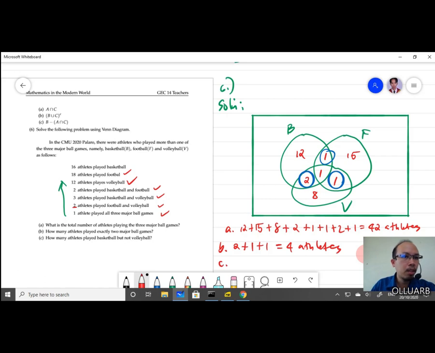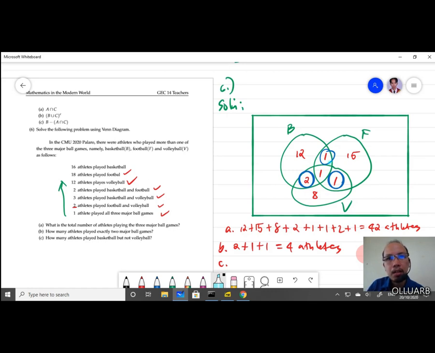For letter C, how many athletes played basketball but not volleyball? Played basketball but not volleyball. So I guess this portion here, played basketball but not volleyball.